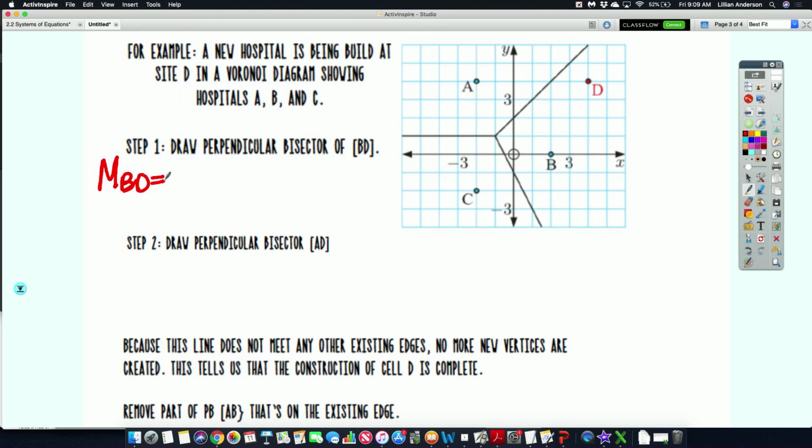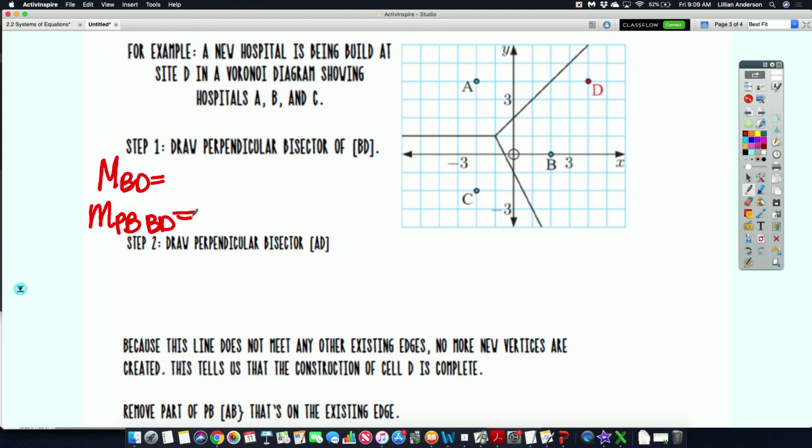Now, I need the gradient of BD, but am I going to use that gradient to create the perpendicular bisector? No, I need to do the opposite reciprocal, because it's a perpendicular bisector, so you have to do the opposite reciprocal slope. So I need the gradient of the perpendicular bisector of BD.